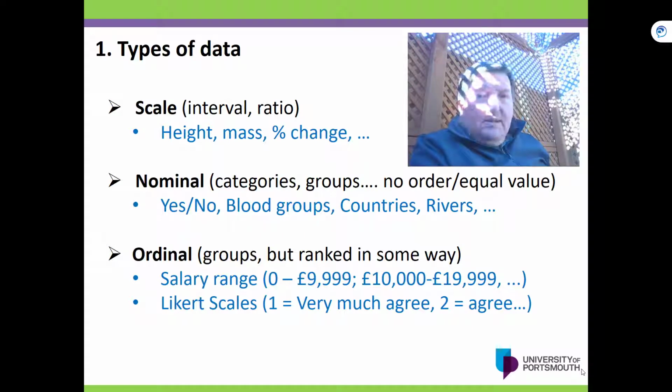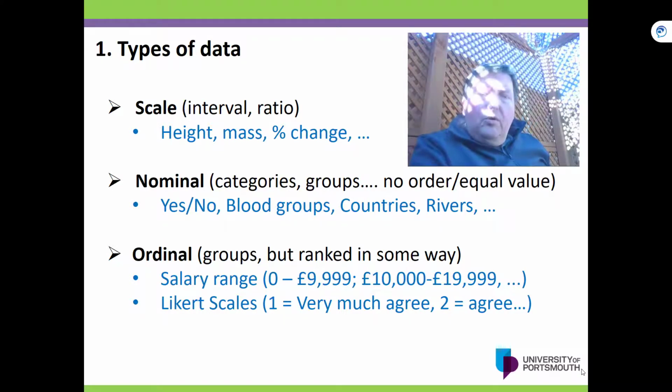This is categorical data, so it might be groups like blood groups, countries, rivers, yes no answers. So something where there's some kind of grouping effect. So it's not a continuous number, but there are definite groups.